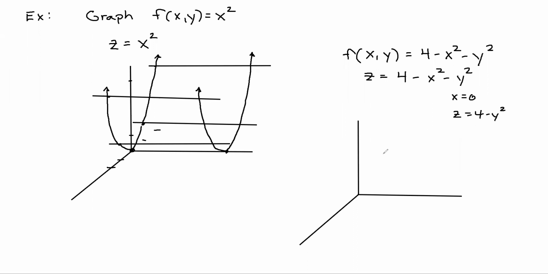If y were 0, you'd end up with 4 for z. So if you go up 1, up 2, up 3, up 4, you're going to get 4. And then if y is 2, then z is going to be 0. So you could just do 1, 2, and you'll get an intercept there. And if y is -2, then we'll get 1, 2, and we'll get an intercept there. And then you end up with a parabola that's opening downward.